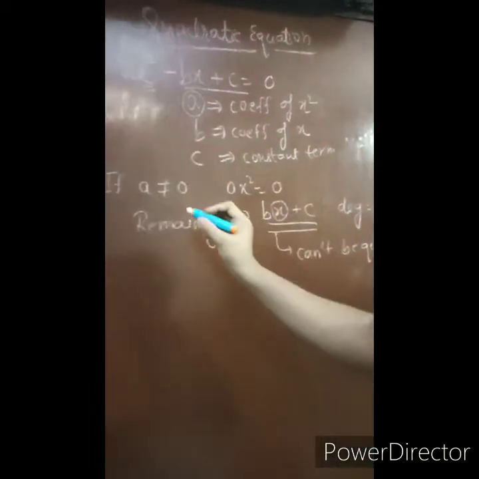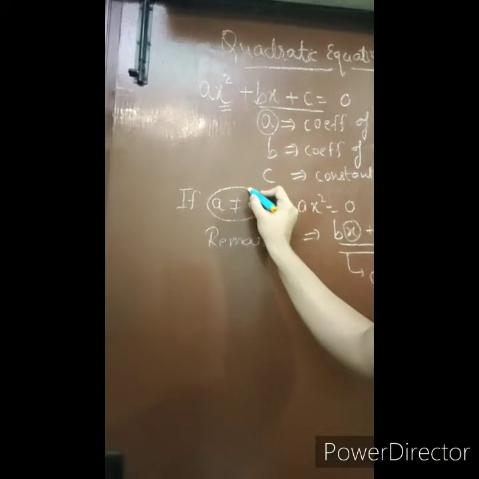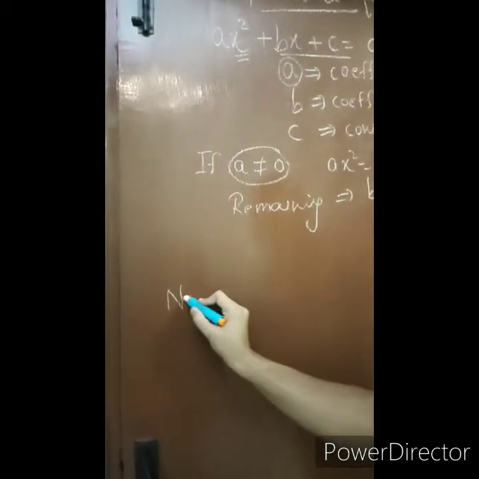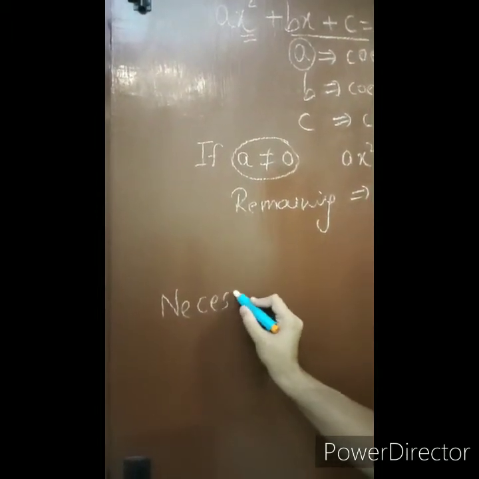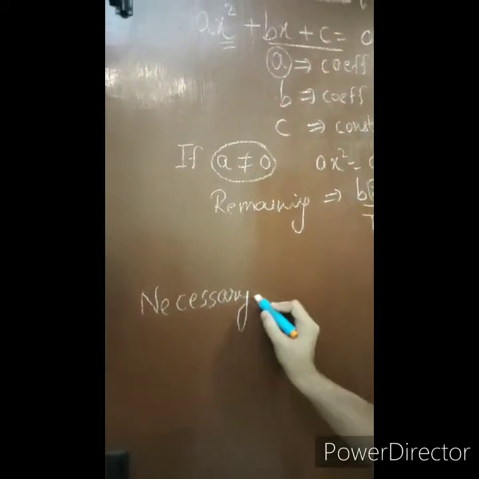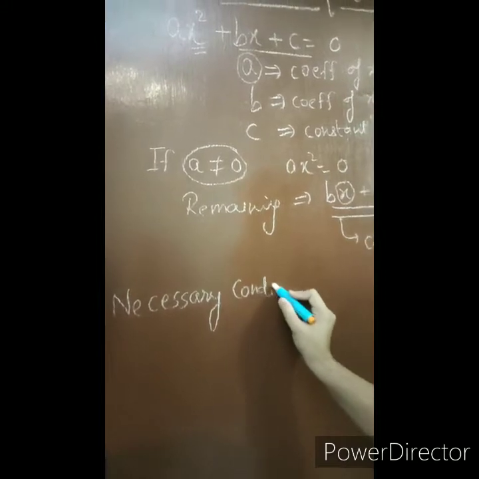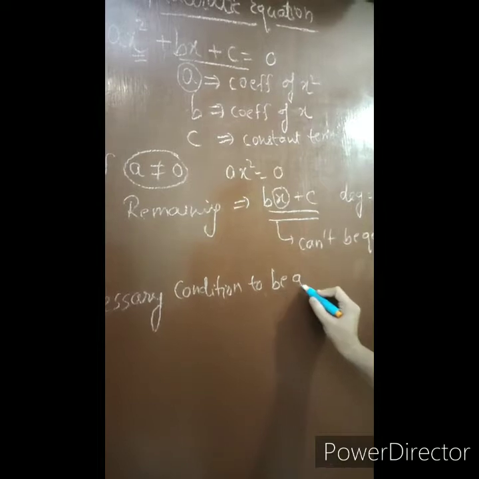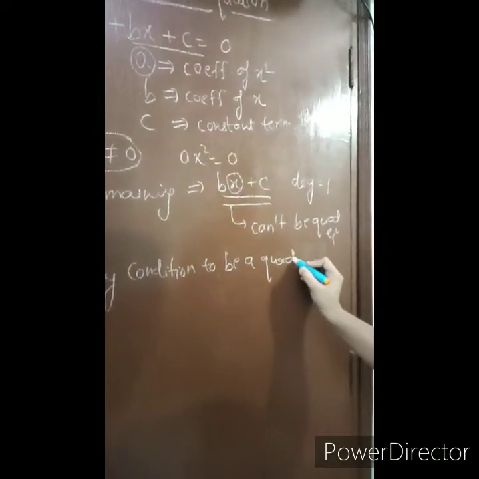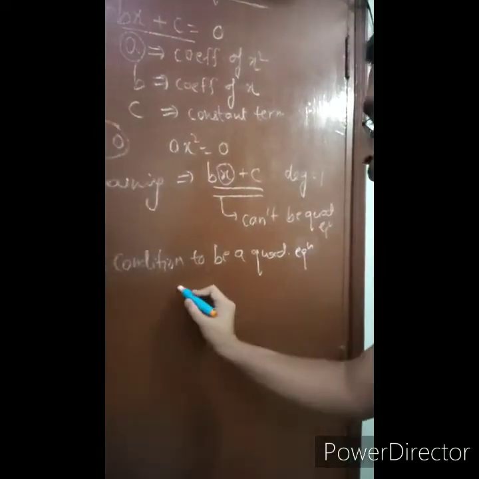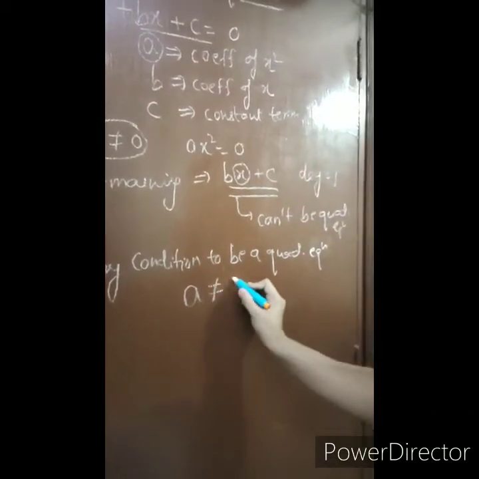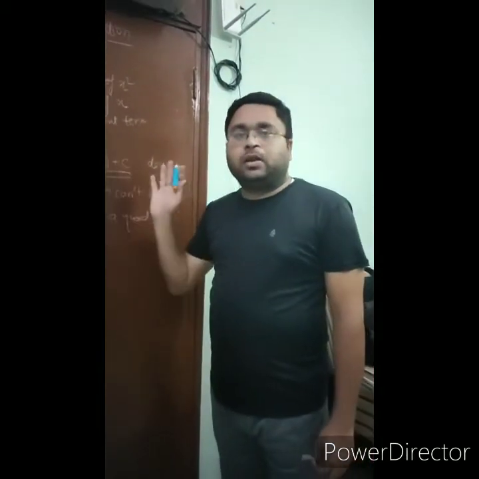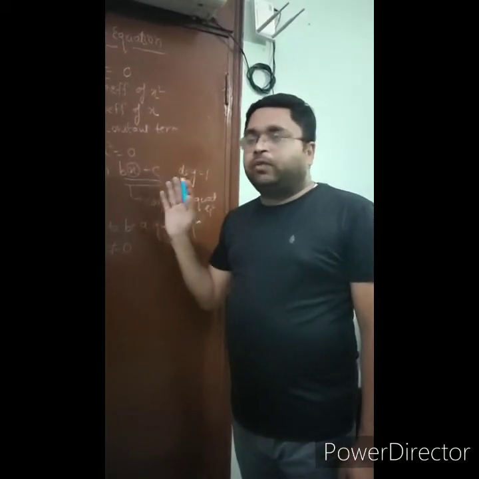So it is compulsory that a should not be equal to 0 for being a quadratic equation. So the necessary condition to be a quadratic equation is that a cannot be equal to 0.